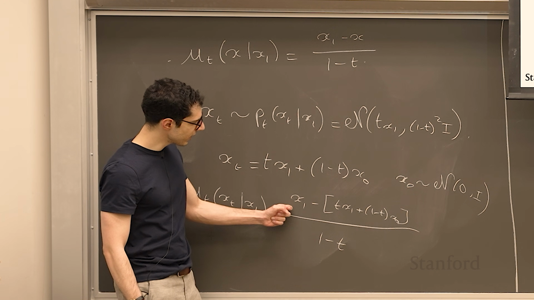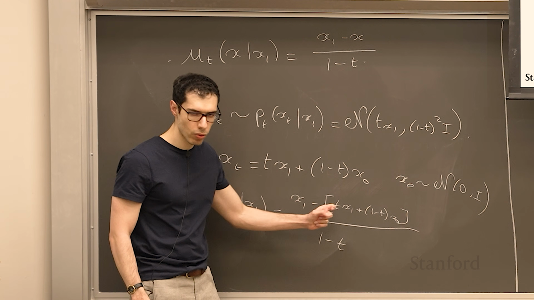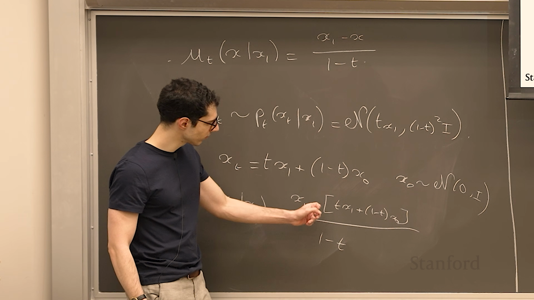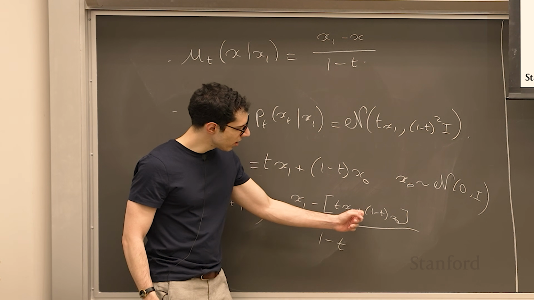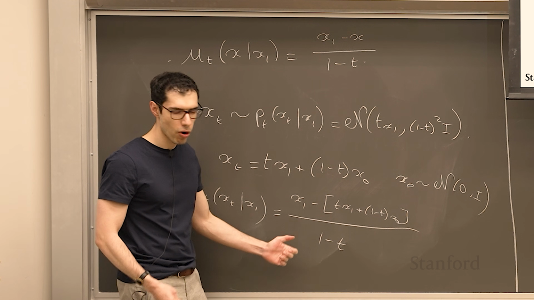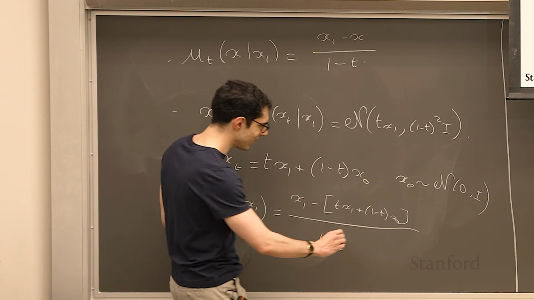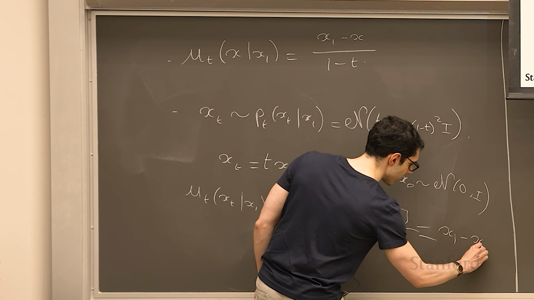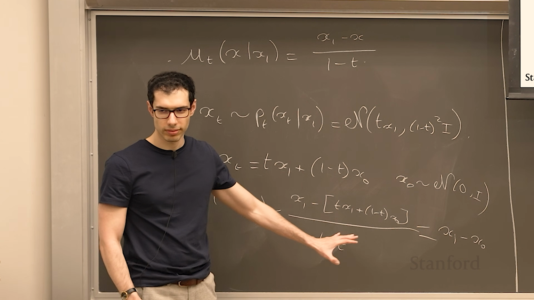So x1 minus t x1 is 1 minus t times x1, minus 1 minus t times x0, over 1 minus t. So what that means is this is equal to x1 minus x0.